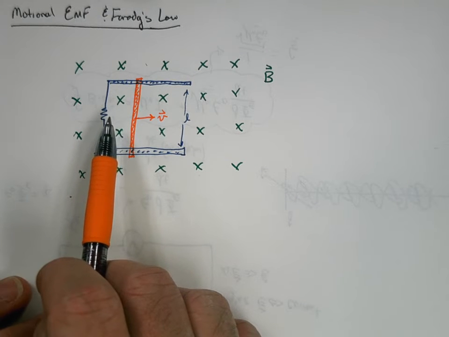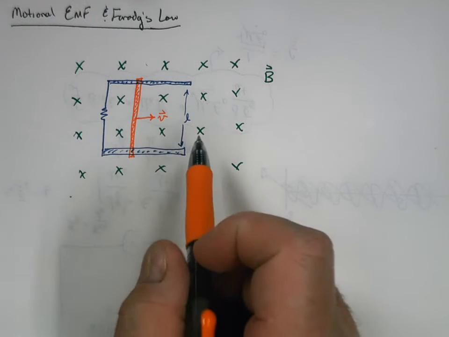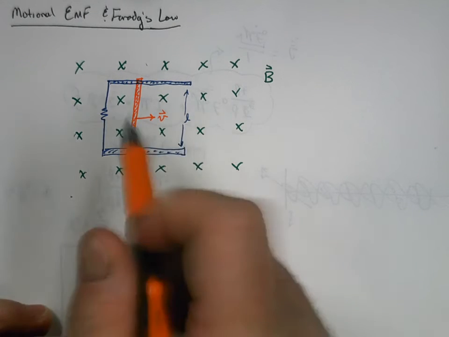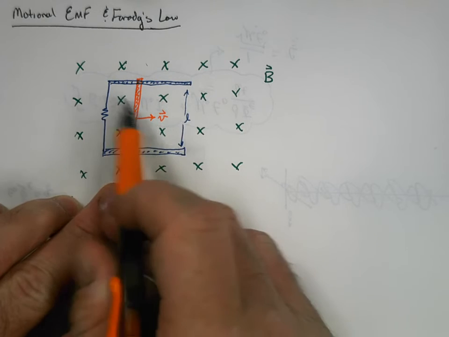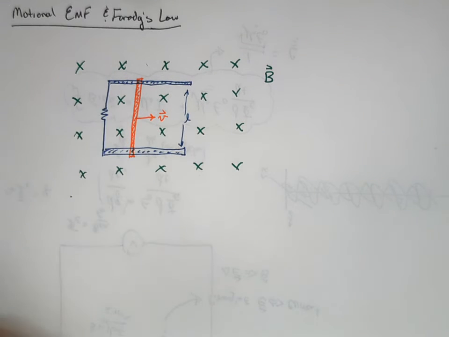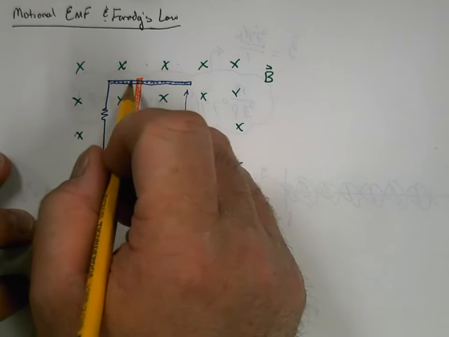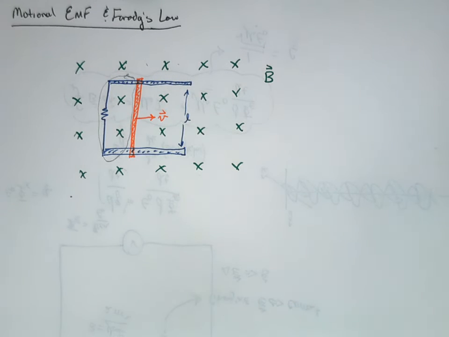And if we do that, then what happens in our loop right here? Because here's our loop. Our loop is going like that, right? Wherever this rail is, that's the other side of the loop, yeah?